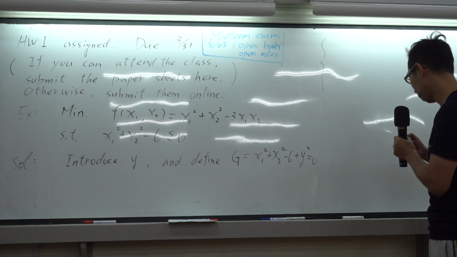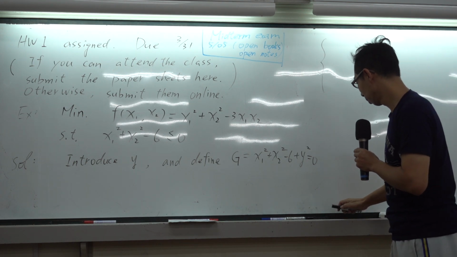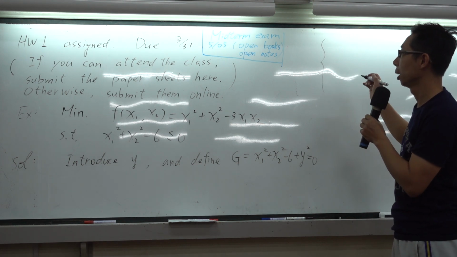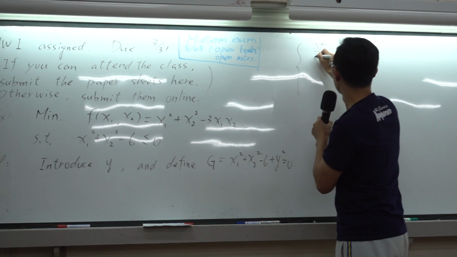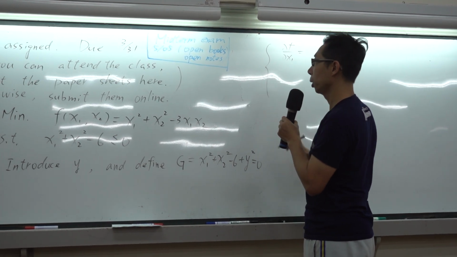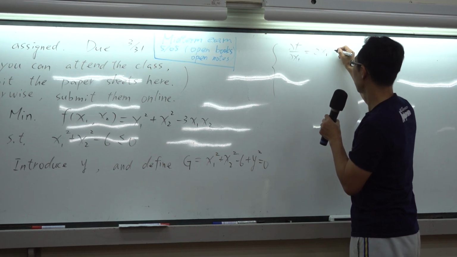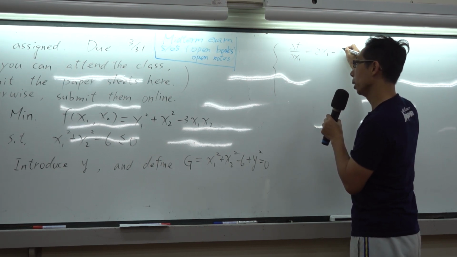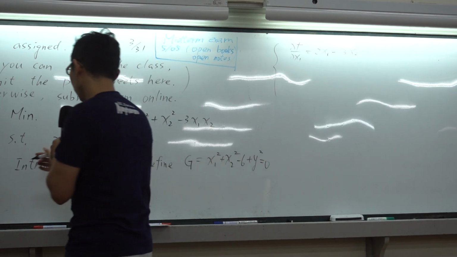I think it's a little bit too dark. Okay, so take partial derivative with respect to x1. We have 2x1 minus 3x2. Oh, let's first write down L.